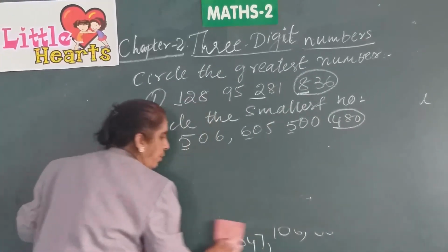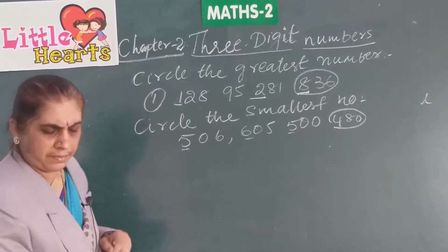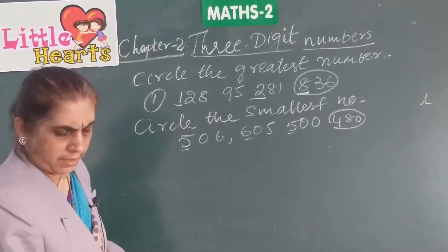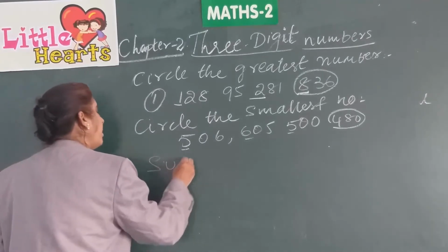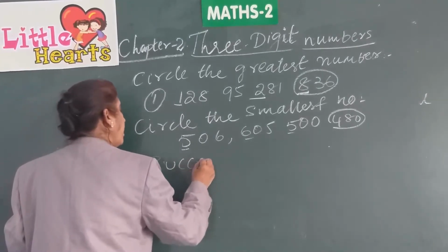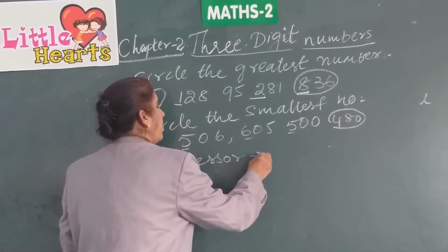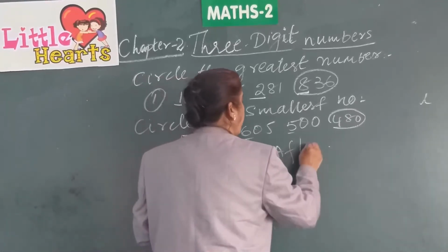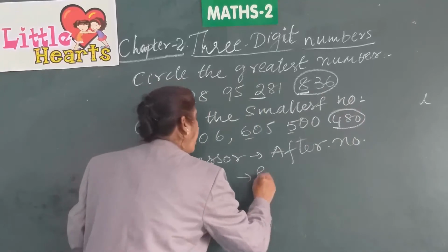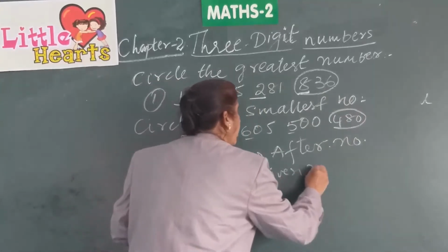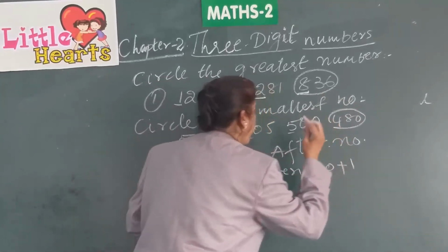And children, do you know what is a successor? Successor is nothing but the after number. How do you get the successor? Given number plus 1.